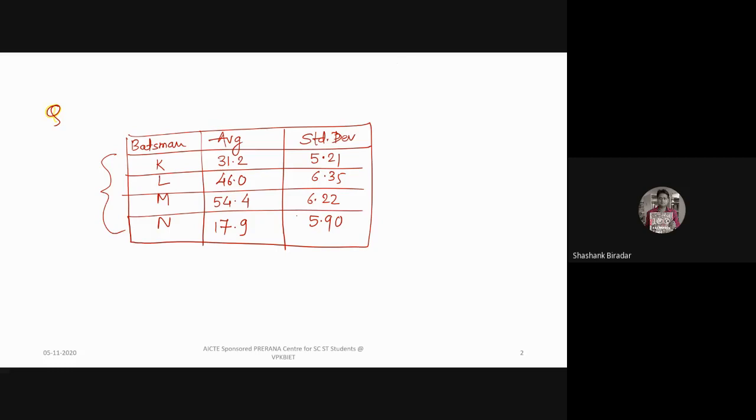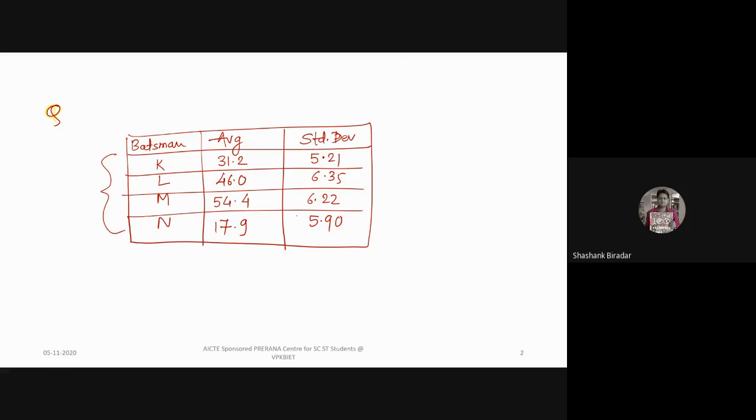The average has been given along with the standard deviation. So put your thought and tell me the answer. For that purpose, you must know the relationship of the standard deviation.